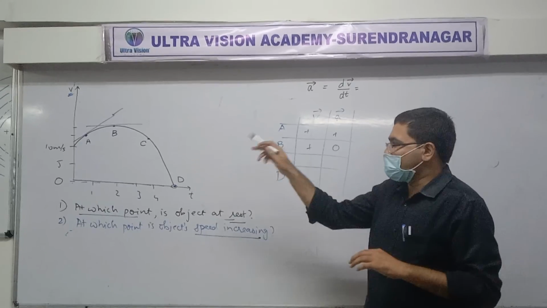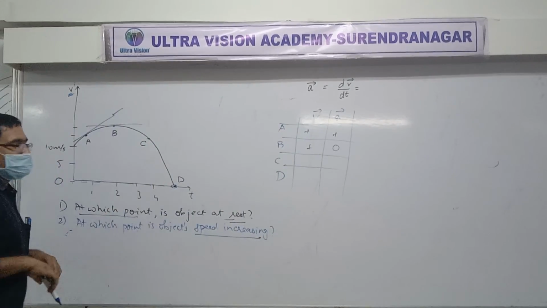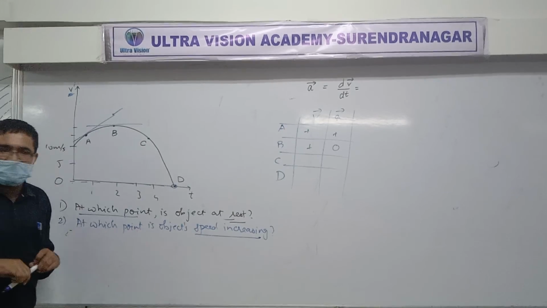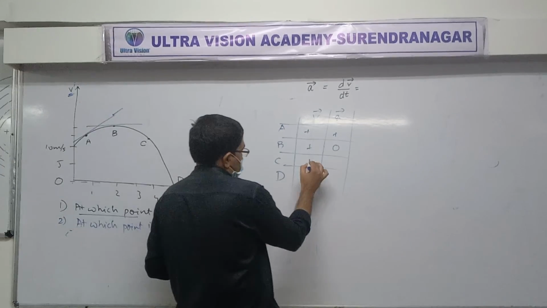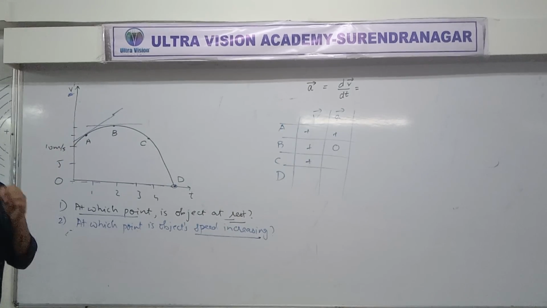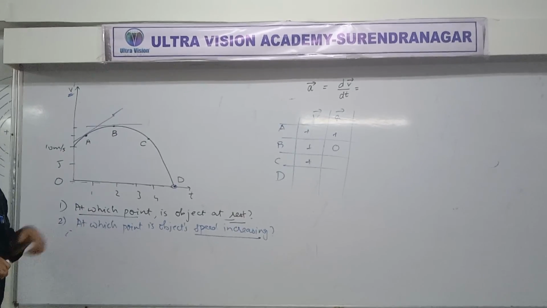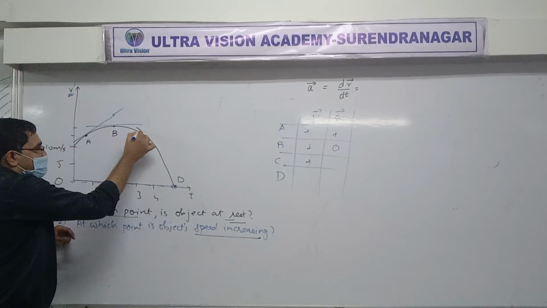Let's go to C now. Velocity at C, positive or negative? Positive. Okay. Now acceleration. Negative. No, sir, this is velocity. Draw the tangent.